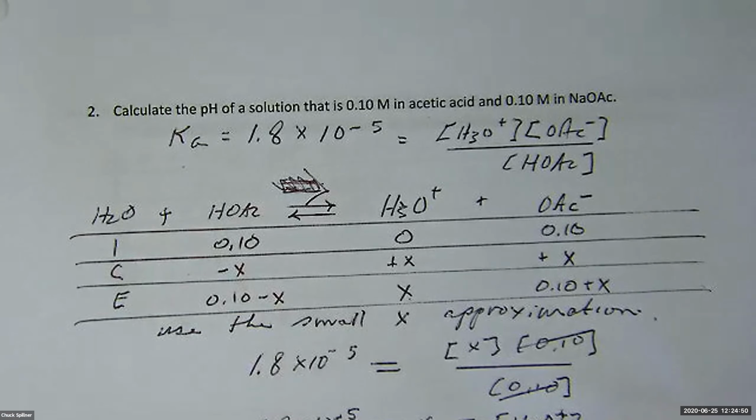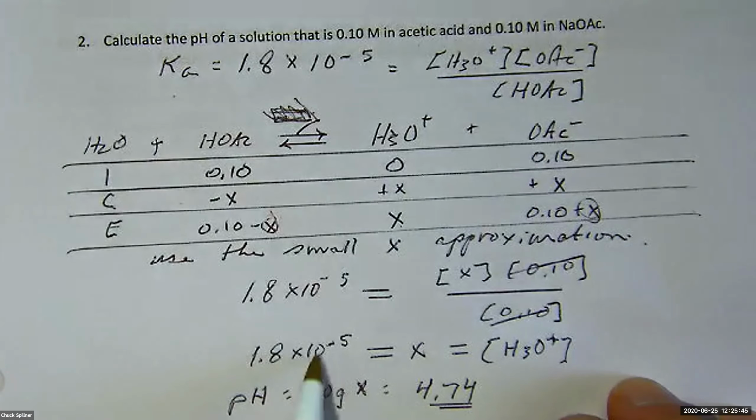Well, a couple things. Because we added this common ion, our equilibrium is going to have to shift to reactant. We're going to have less hydronium ion than if we didn't have the common ion. So let's compare our concentration. We have 1.8 times 10 to the minus 5 in a solution with added acetate.